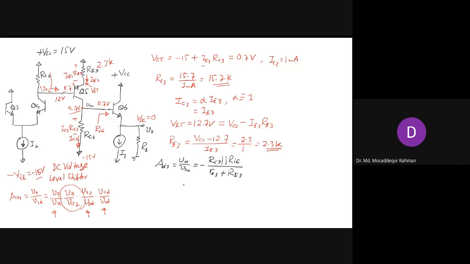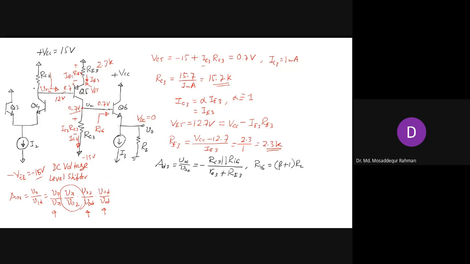That will be the gain for the DC voltage level shifter. And for RI6, you just apply the resistance reflection rule, that is beta plus 1 times R, right? So that will be your RI6. That will be the gain introduced by this DC voltage level shifter.